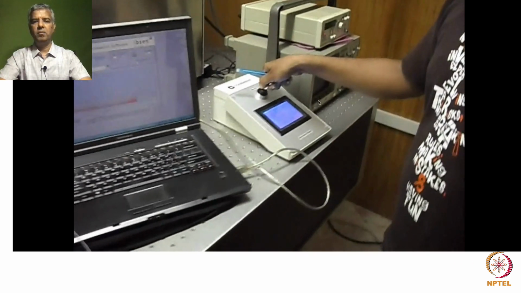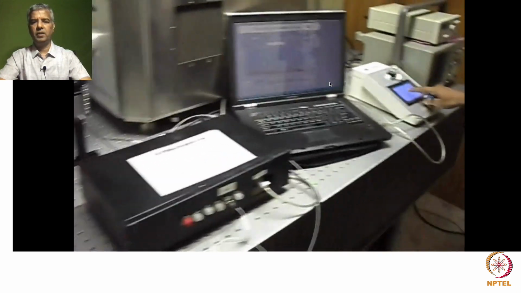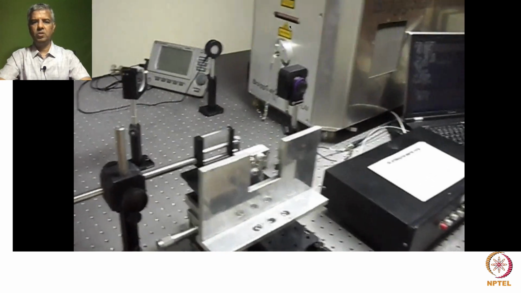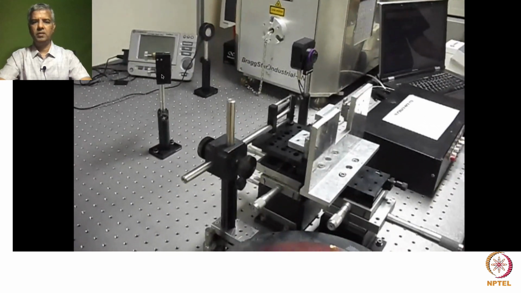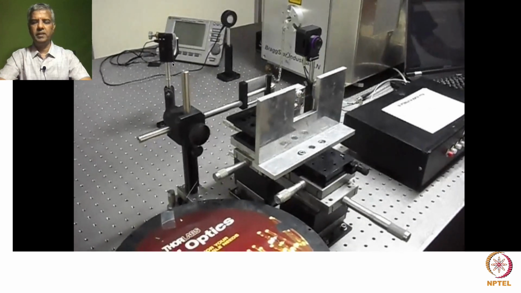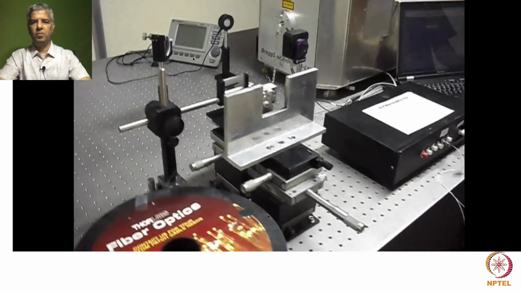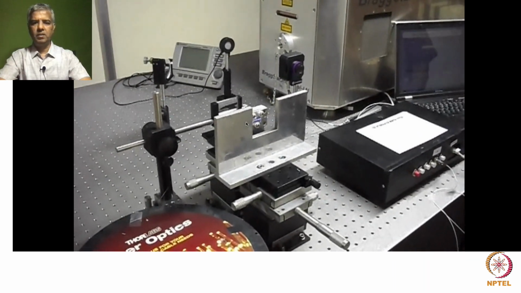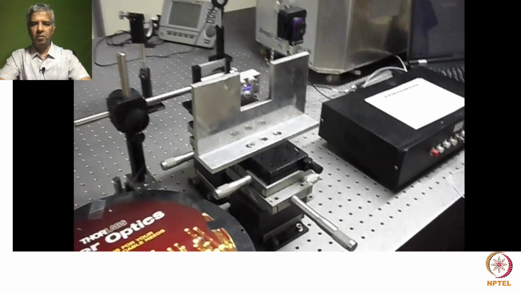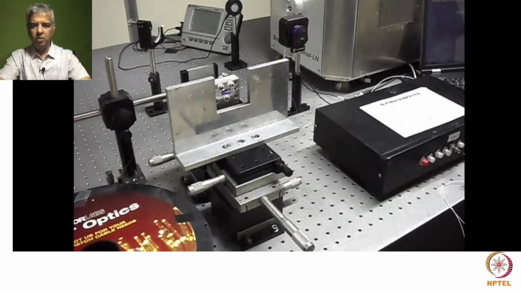So initially it's not showing much reflection coming from the grating, but now we will turn on the excimer laser. It's going to shoot ultraviolet radiation from this point, and when it is incident on the fiber, you can see a glow over here.